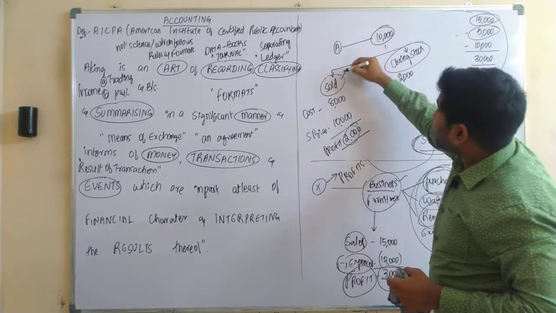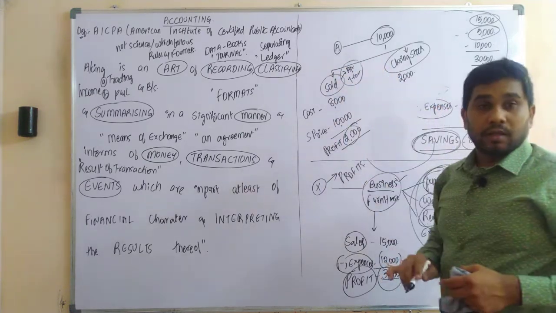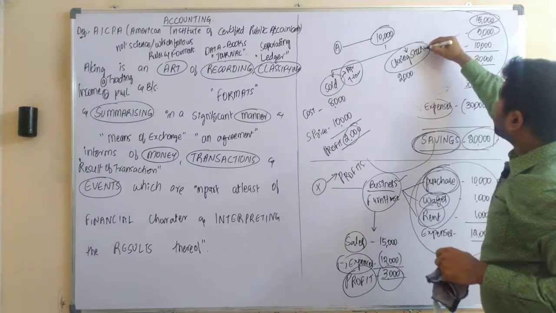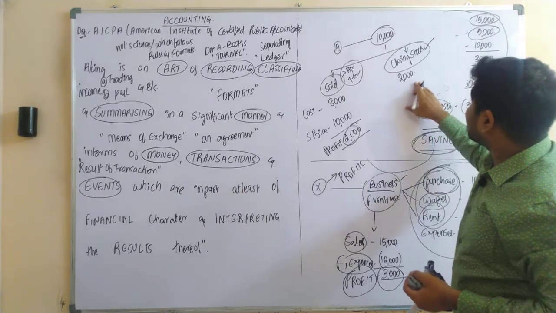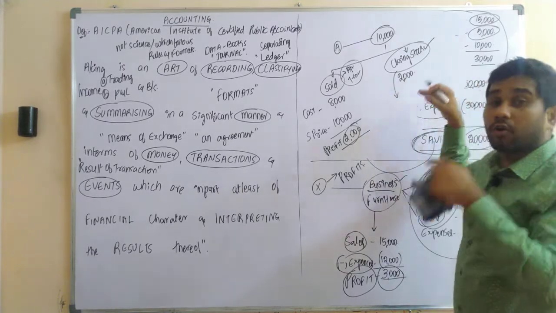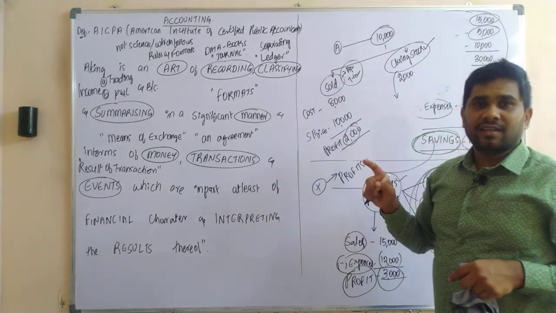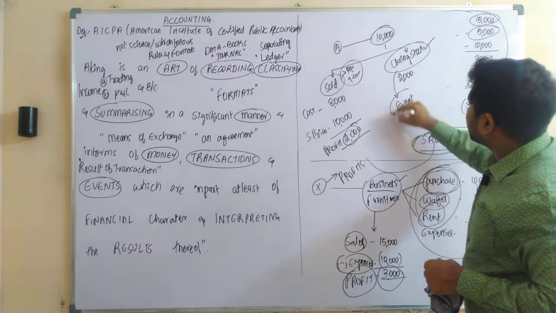The sale is nothing but an agreement, so sale is nothing but a transaction. Because of this transaction, we were left with a closing stock of 2,000 rupees. So this 2,000 rupees of closing stock is nothing but a result of this sale. So can I call this closing stock an event?